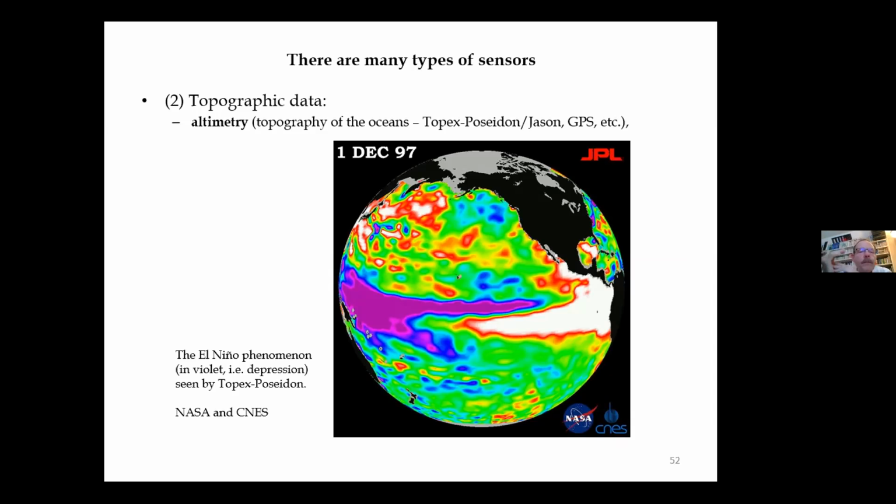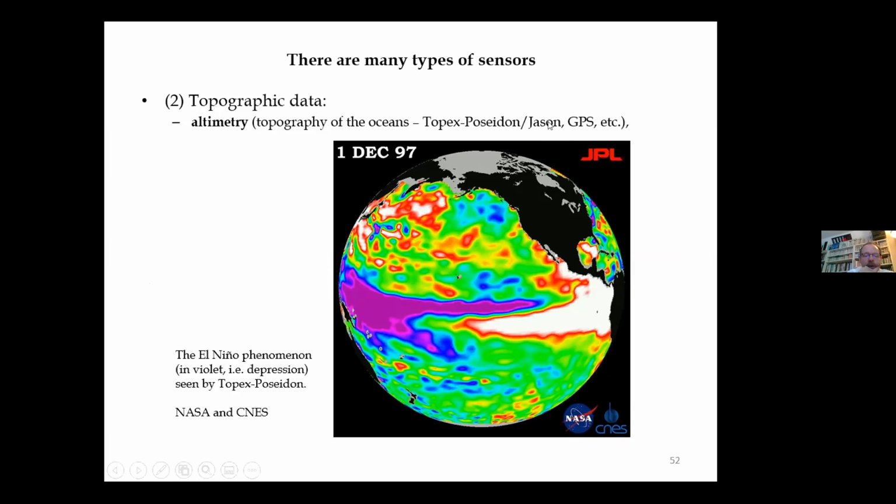But you can also get some topographic data, and the first interesting topographic data were altimetric data. So in the 90s, the first joint mission between France and the USA was named Topex Poseidon, and now we have Jason also.